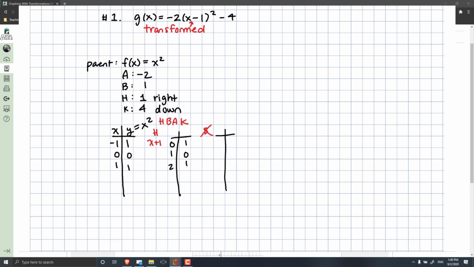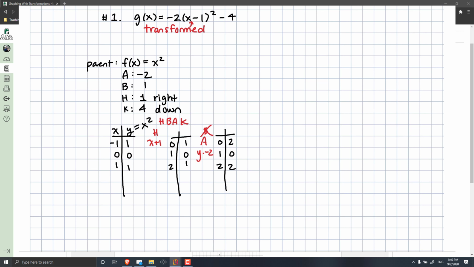Then the next step is our a transformation. For the a, we do y times our a value. So my y's are going to change to 2, 0, 2, and my x's stay the same.